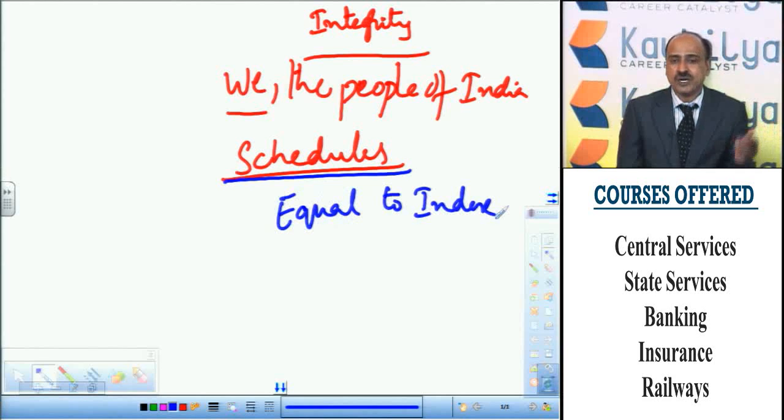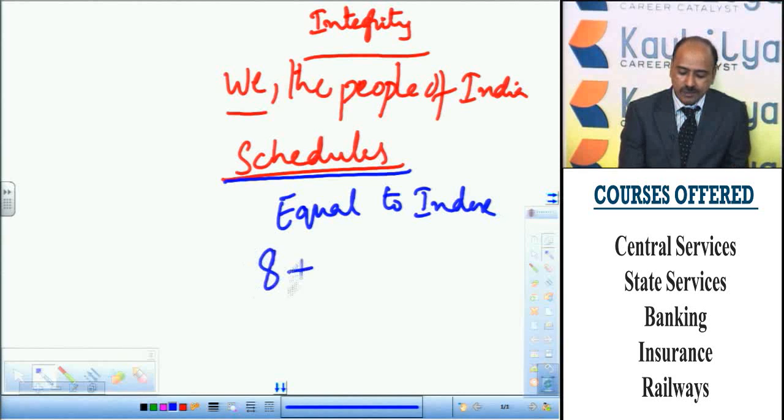The British Magna Carta doesn't have schedules. The American constitution is made with only 7 articles, so schedules are not required there either. But we made a very big constitution, the biggest in the world, so definitely some schedules are required to identify important concepts and landmarks. From that point of view, we arranged some schedules in our constitution.